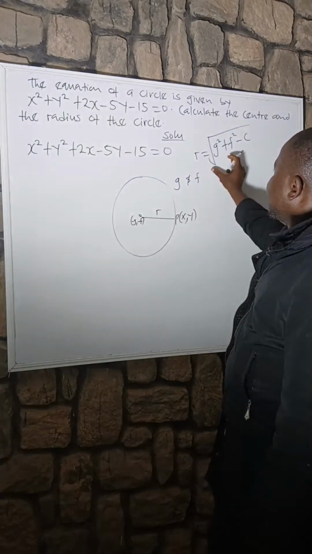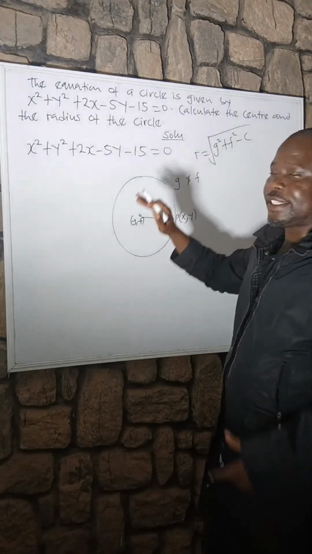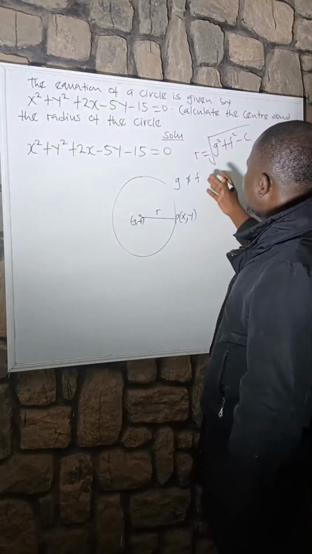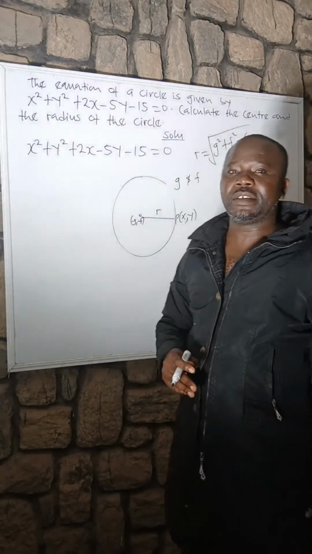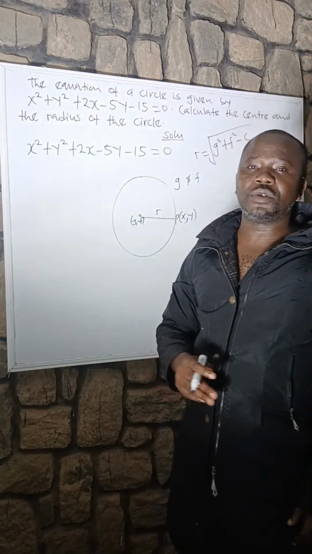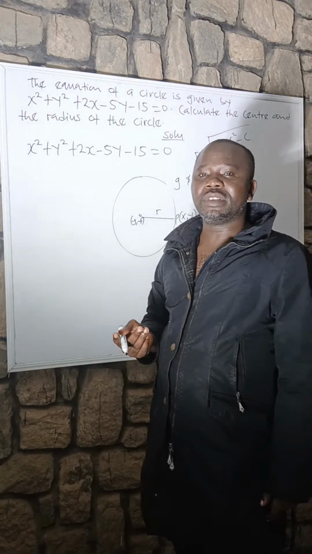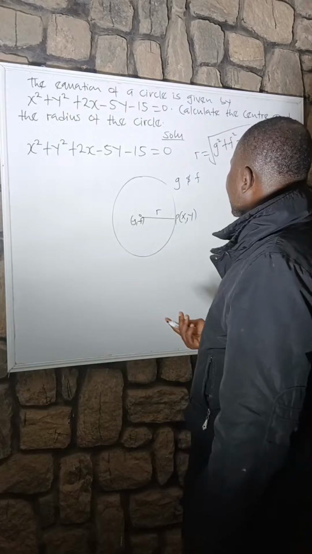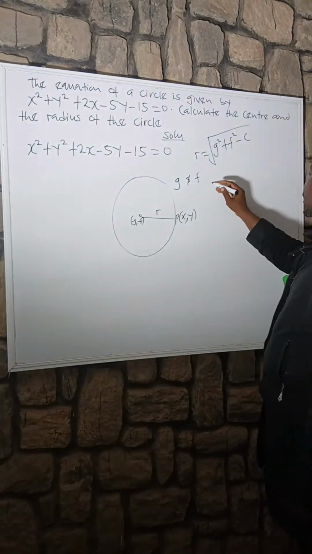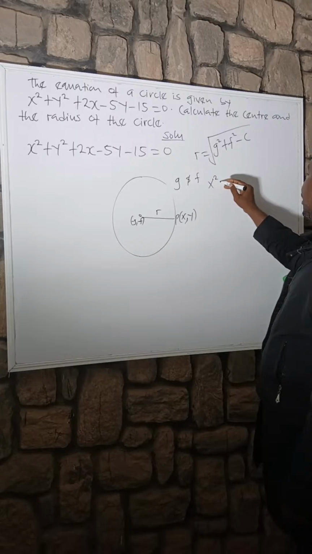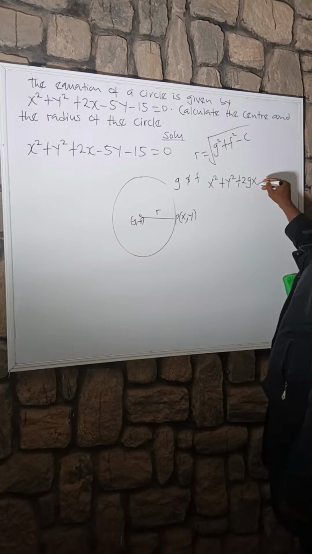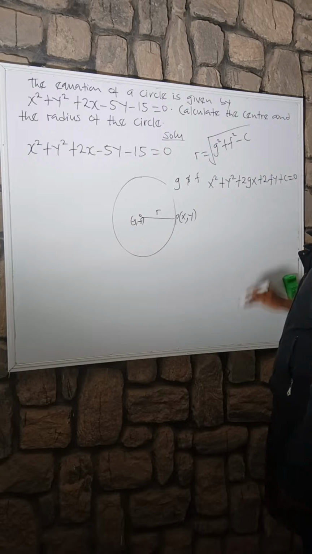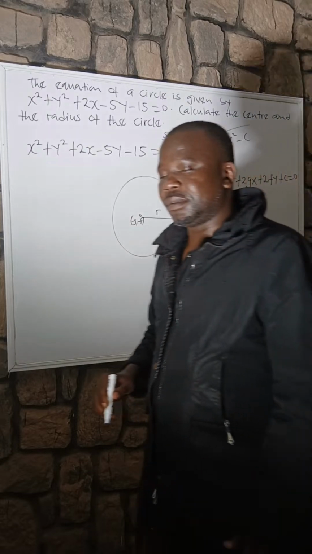So how can we obtain the center and also the radius of the circle? What we need to do is go back to the general equation of a circle. The general equation of a circle is of this form: x squared plus y squared plus 2gx plus 2fy plus c equals 0.